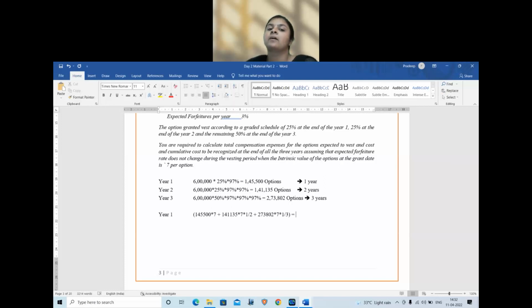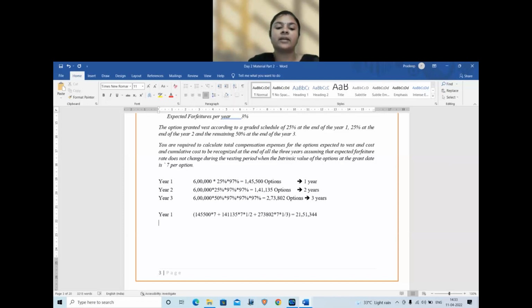We are going to recognize that 50 percentage option over 3 years, which means in year 1, 1 year expense only will be recorded, so into 1/3. Next year you will understand the difference. Okay, 343.5, something like that. Okay, 344.